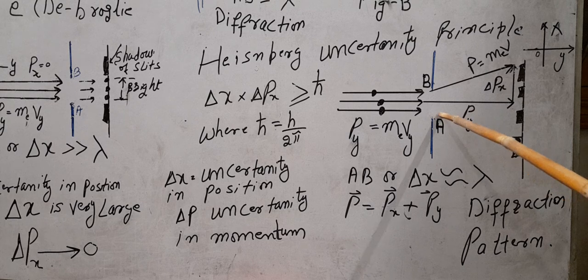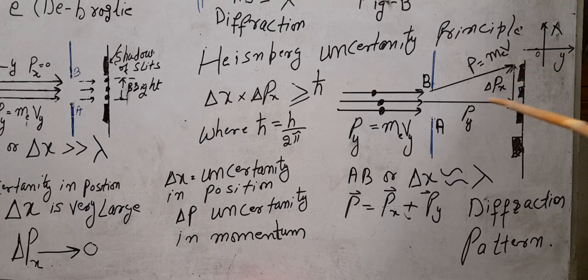Now if we try to reduce the slit size more, this delta px will increase further, and this beam of electrons will spread further into this region, and we will get more bright and dark bands.